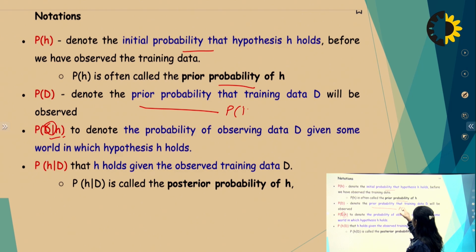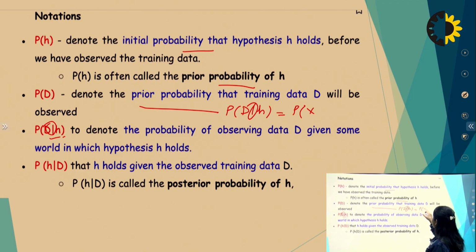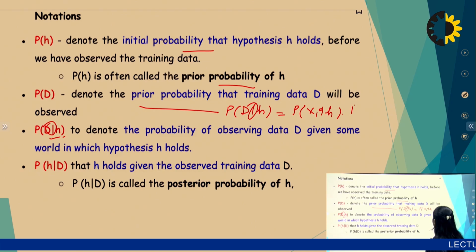If we are calculating P(D|H), where "given" is the symbol, then we split it into P(x1|H) times P(x2|H), and so on. In the entire data, however many features there are, we have to calculate the probability for each one.